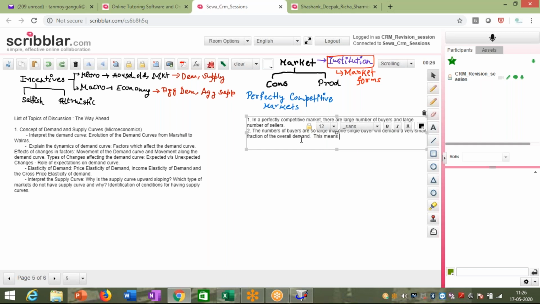This means that the buyer would not be in a position to influence the price by increasing his demand for the goods.